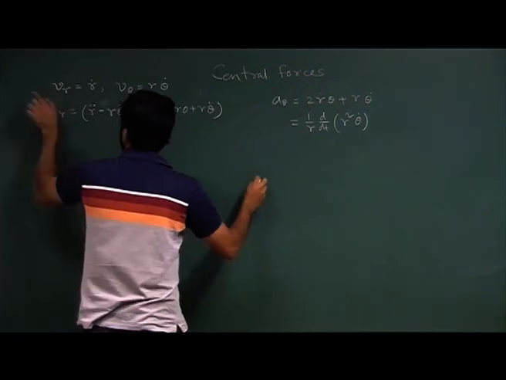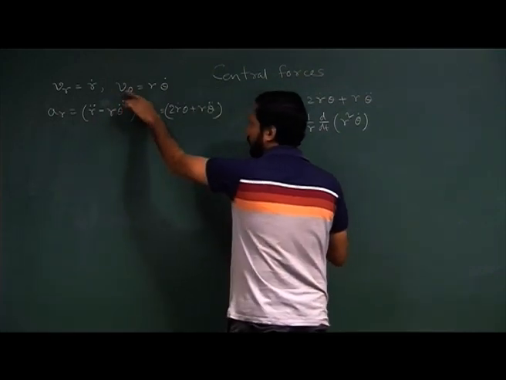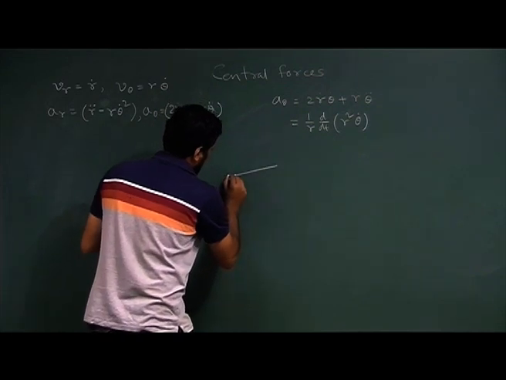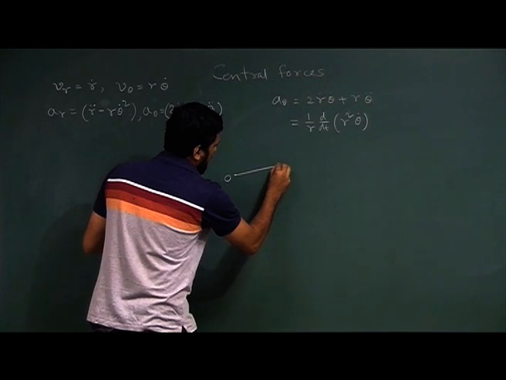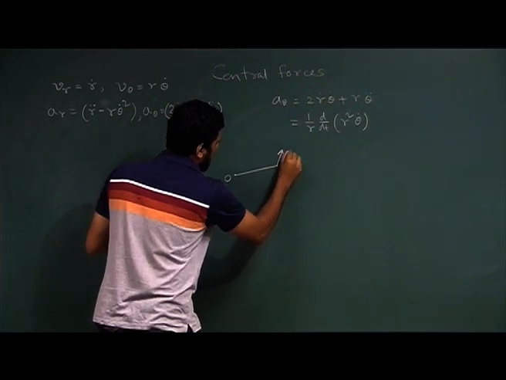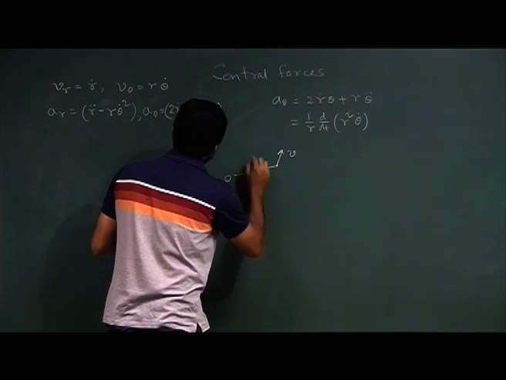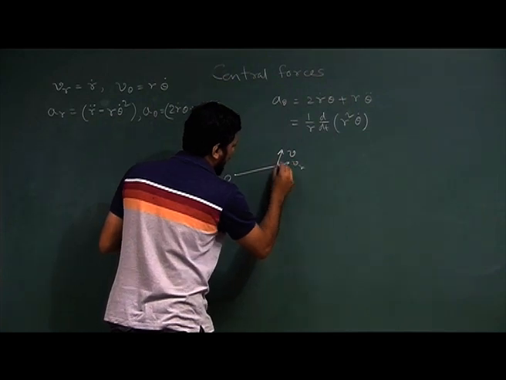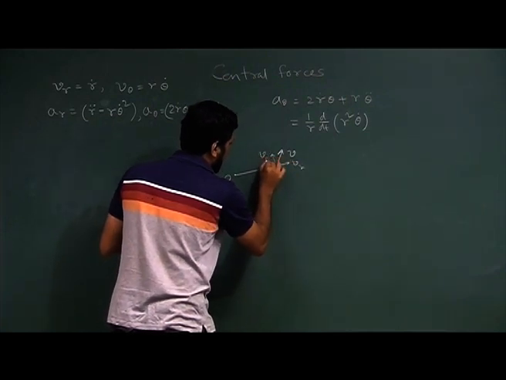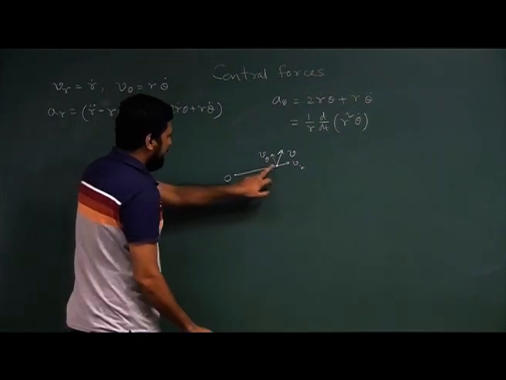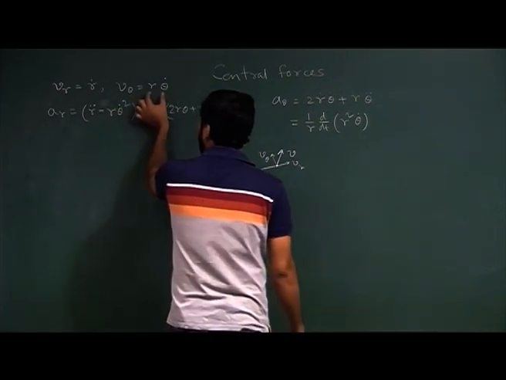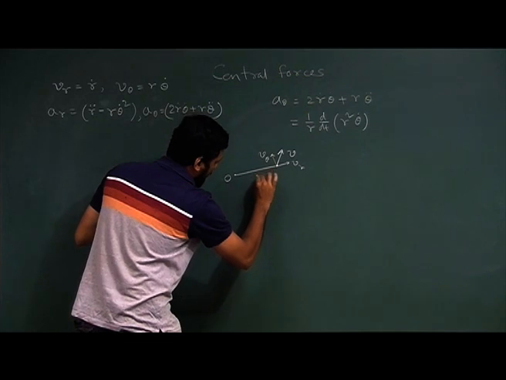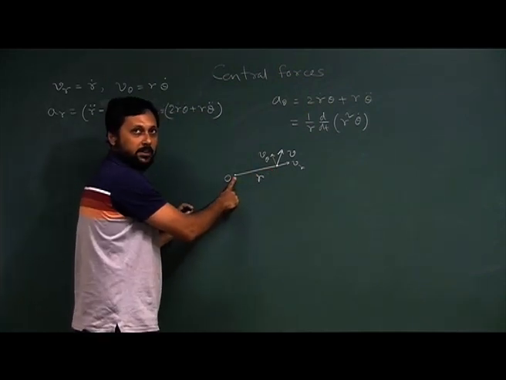Now, look at the velocity component along theta, it is r theta dot. If this is your origin and a particle has a velocity v, it has two components in this representation. One component is Vr, one component is V theta. And this V theta, which is given as r theta dot, is working in this particular direction, which is at a distance r from the origin.